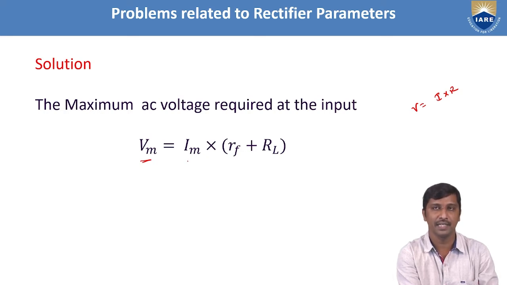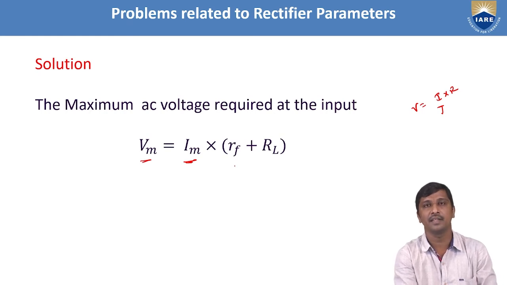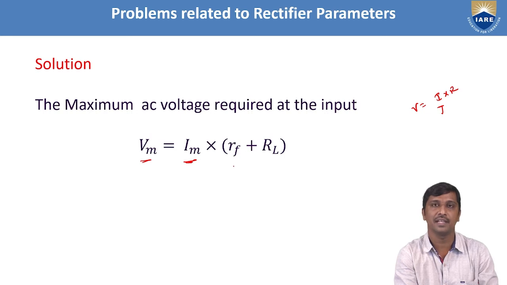Hence we require the peak current, so I is replaced with Im. And for R, we need to consider the internal circuit resistance: the circuit contains the diode as well as the load resistance. When the diode is conducting, it offers a forward resistance, hence we need to consider the diode forward resistance along with the load resistance.